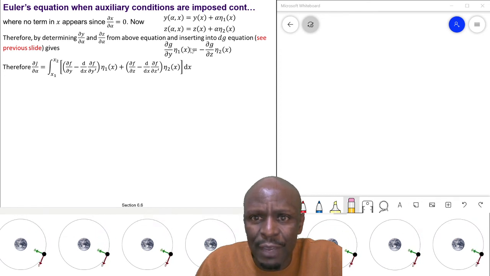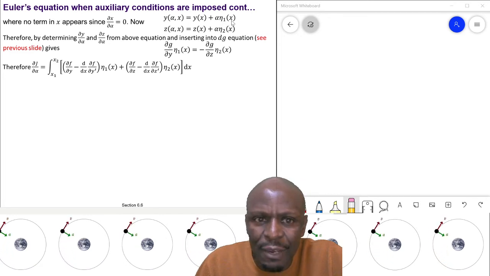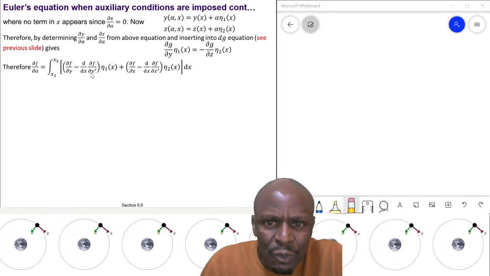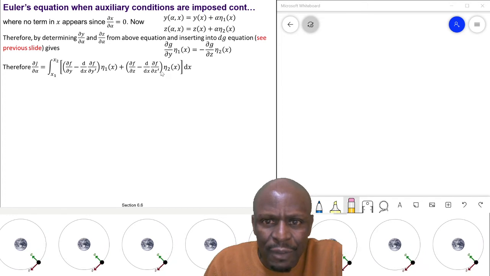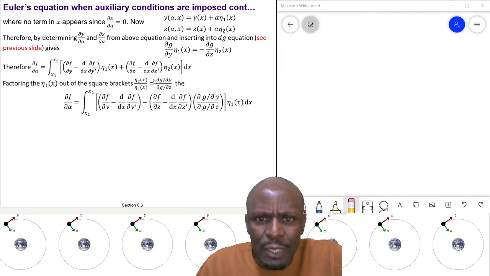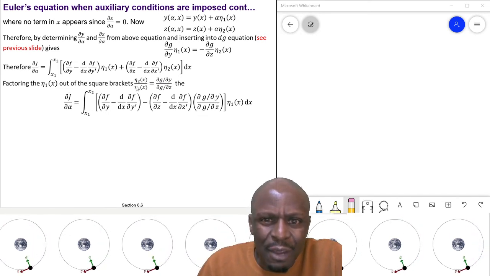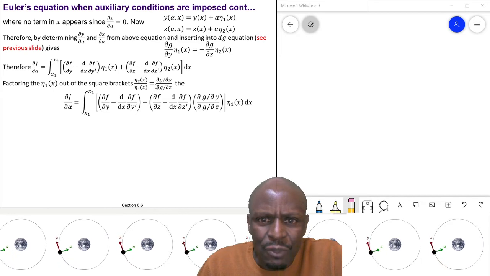You are just going to have eta 1 of x. So this is what you are going to have. Now, in this case, you can just do the factoring of eta 1, and this is what you are going to have.